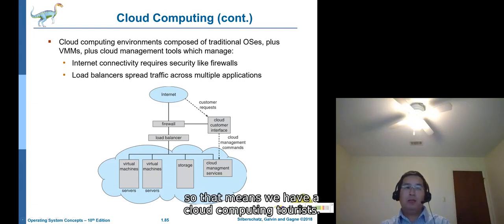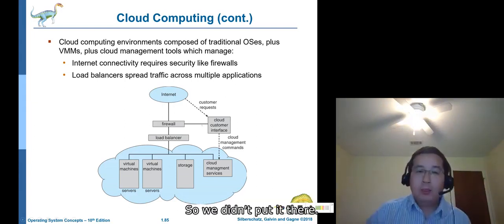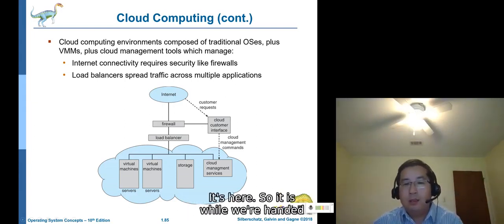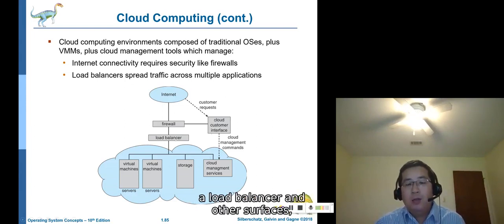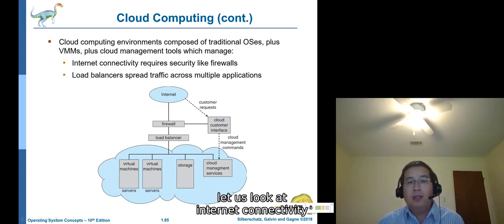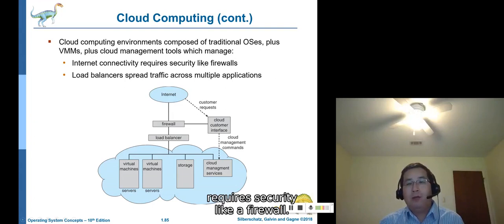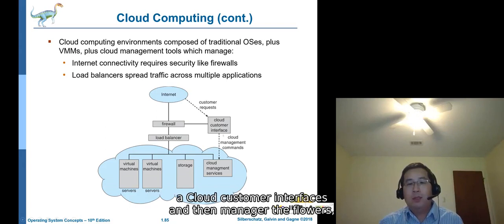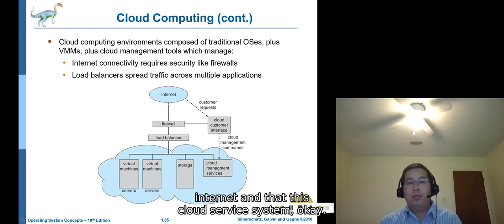This one will handle the load balancer and other services. Let's look at internet connectivity, which requires security like firewalls. This one will maintain that. We'll send the cloud management commands to the cloud customer interfaces, and then manage the firewalls. Make sure it is safe to communicate data between the internet and this cloud service system.